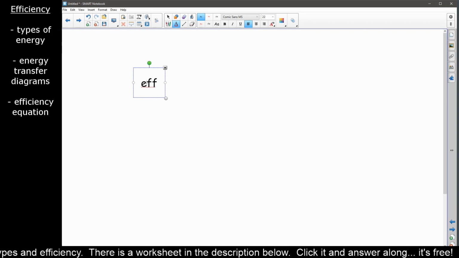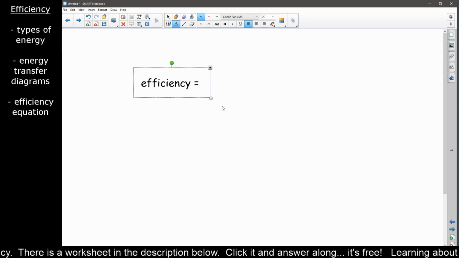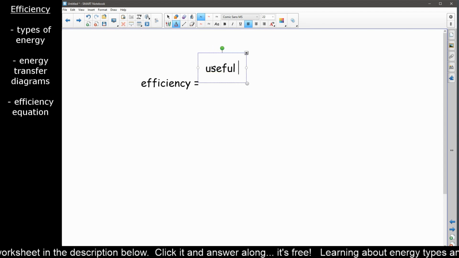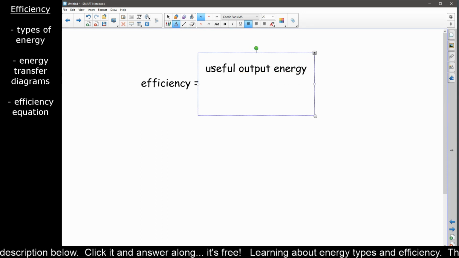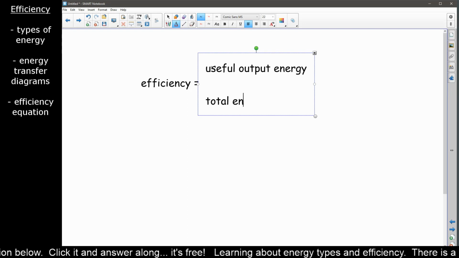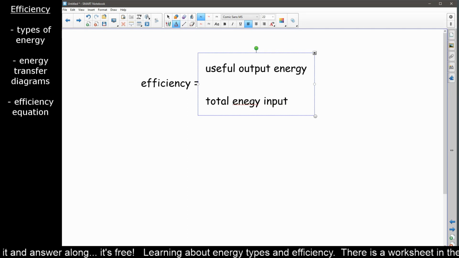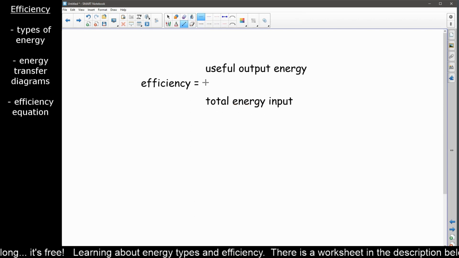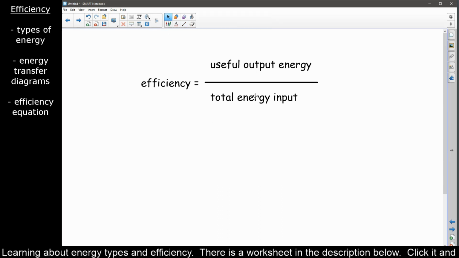And efficiency is defined as it is equal to the useful energy you get out divided by the total energy that you input. And this is given as a fraction. Okay, useful output energy divided by total input energy gives you your efficiency.